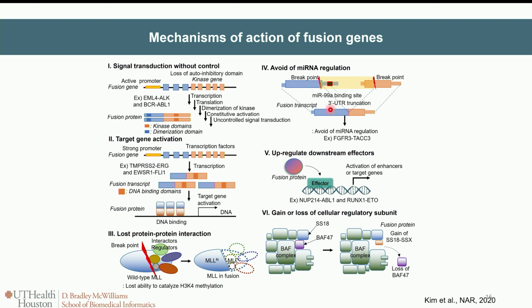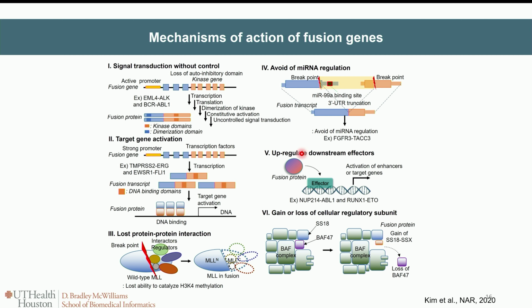Or sometimes, like in glioma patients, FGFR3-TACC3 has been reported. This is also one of the kinases, but people identified that after formation of this fusion, at the end of the first gene, like the 3' UTR, it can lose microRNA regulation. This microRNA is the representative regulator for this gene. As a result, the kinase function can be enhanced.